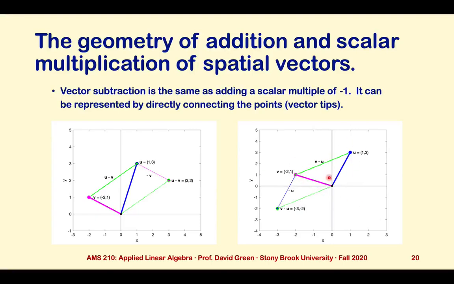Thinking about this in terms of a parallelogram, if we take v and we then add to it negative u, we get to this point here, v minus u. v minus u is negative 2 minus 1, negative 3, and 1 minus 3 is negative 2. This representation of vector subtraction is something that you might see a little bit less often, but it does have this geometric representation.